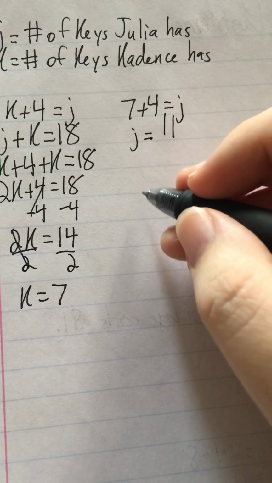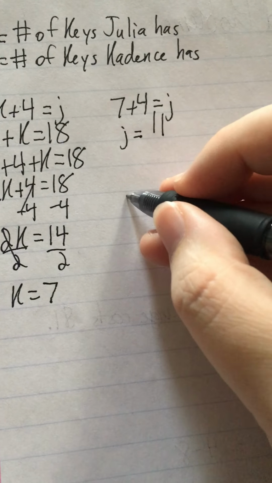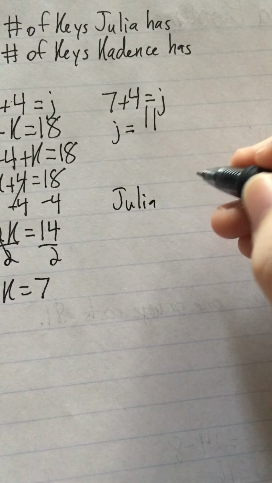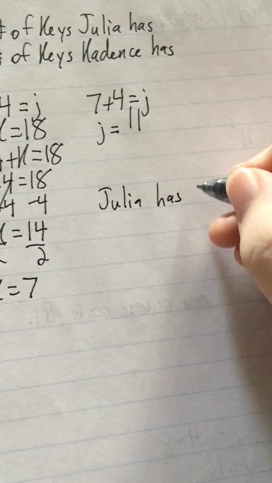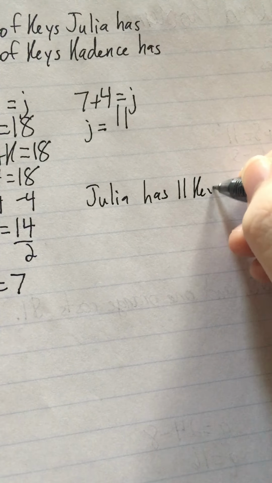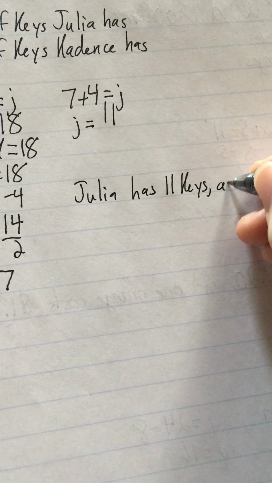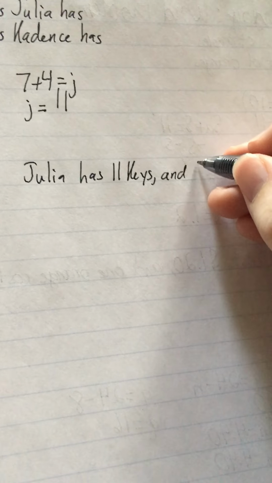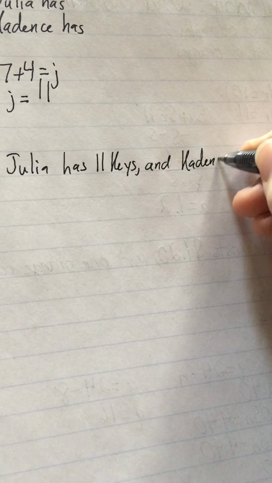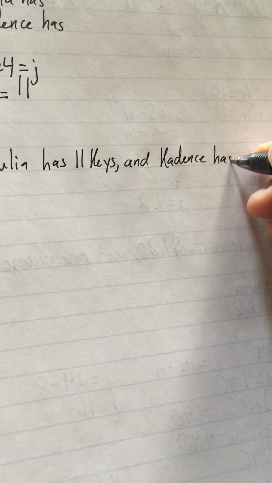So now what we know is that Julia has 11 keys and Cadence has 7 keys.